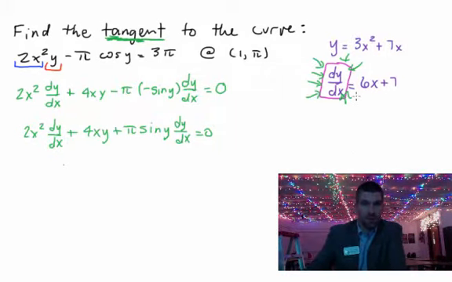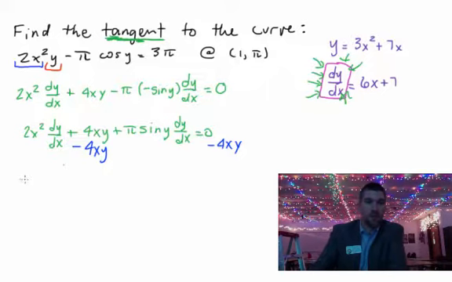That's what I need. So what I'm going to do is take the terms that don't have dy/dx in them and subtract every one of those I can find to the other side. And as it turns out, it's only one. How great is that? So 2x squared dy/dx plus pi sine y dy/dx equals negative 4xy.